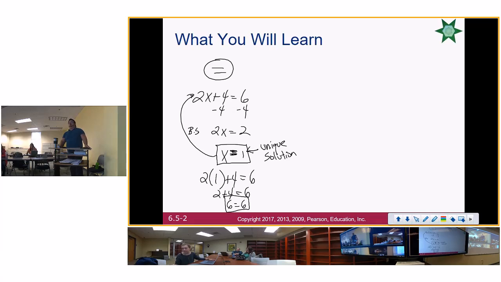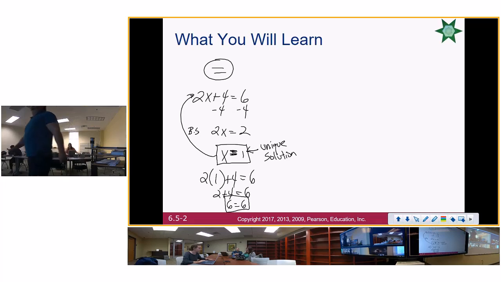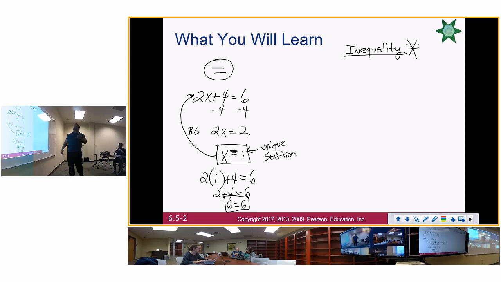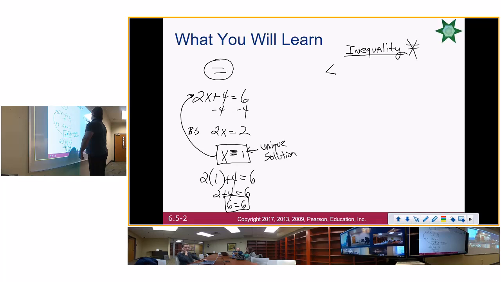So what other number will work in that equation? No other number will work. That's the difference between an equality and an inequality. An inequality does not have an equal sign. An inequality has an inequality sign, which is these two or these two.